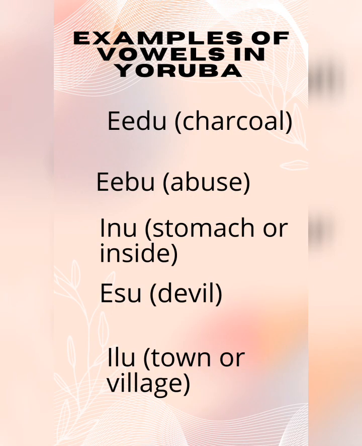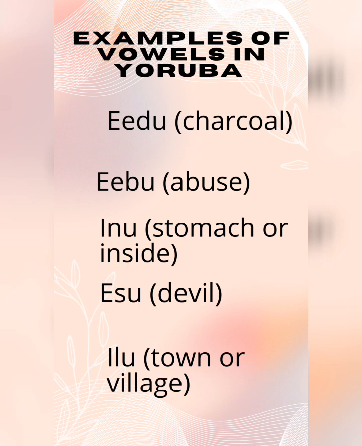Other examples of the U sound include Edu, that's charcoal, that black substance gotten from maybe a burnt tree. We use it here for cooking as a source of fuel. Charcoal, Edu, Ebu.